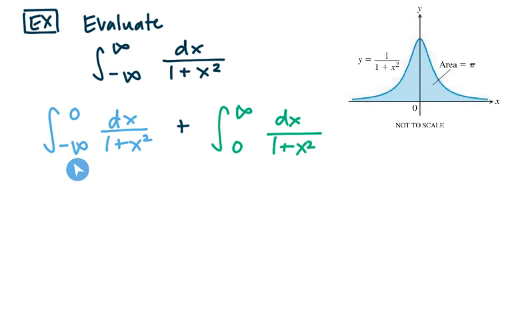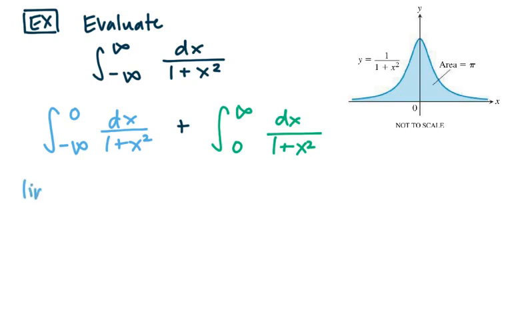So in the blue one on the left, that first bound on our limits of integration should be my a value. So in this case, this is going to be the limit as a goes to negative infinity. And on my second integral, the upper bound on my limit of integration, which would be b, is going to be positive infinity. So I'm going to set this up.